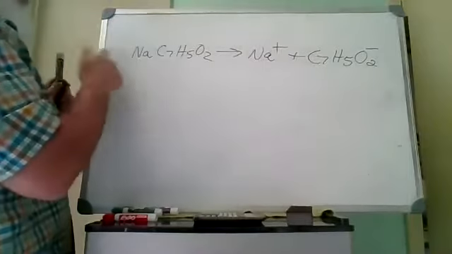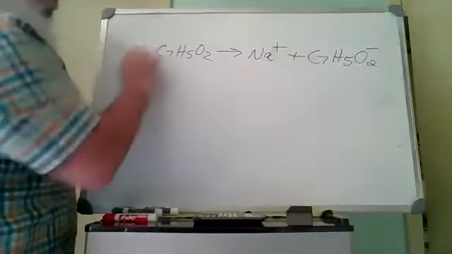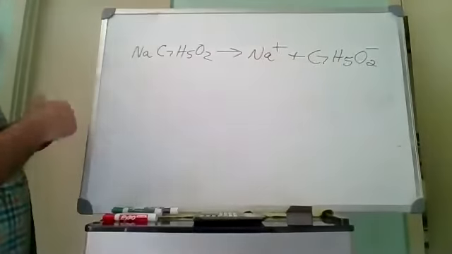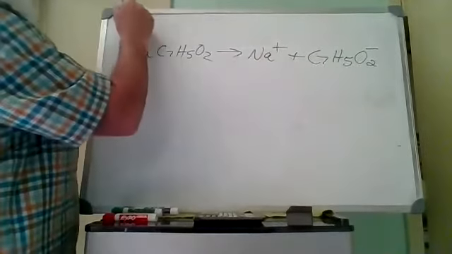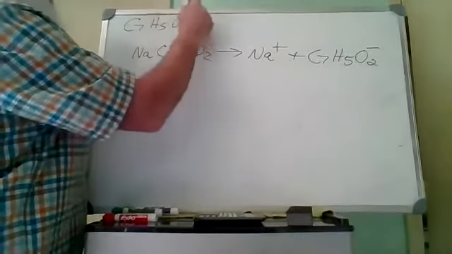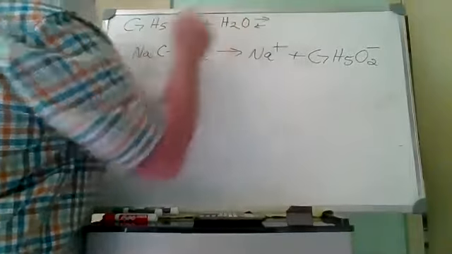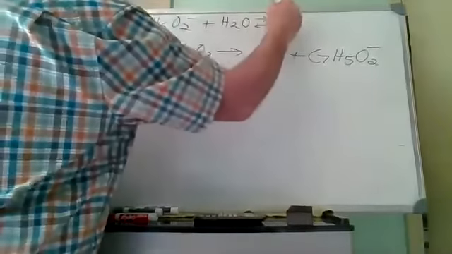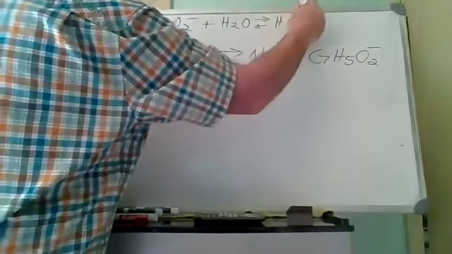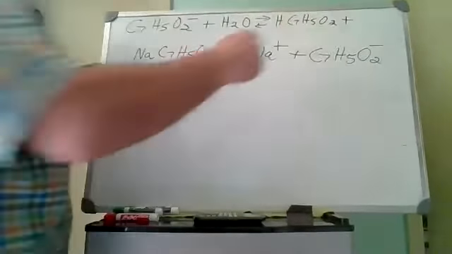So I'm going to write that up here. You should skip a line here. I'm going to write this up here for this hydrolysis reaction and then erase this. Then we're going to make an ICE table. C7H5O2 negative plus water gives us the free acid back, HC7H5O2 plus OH minus.